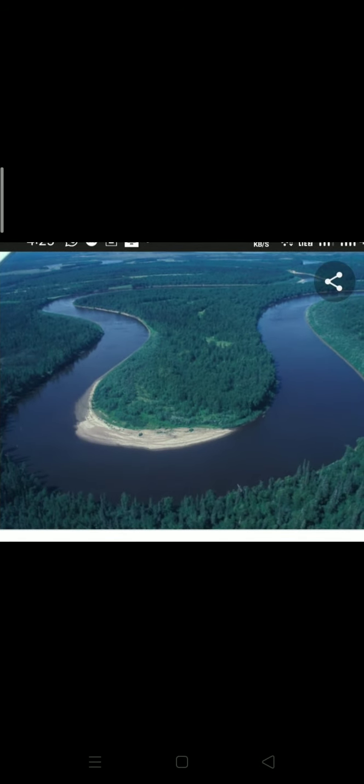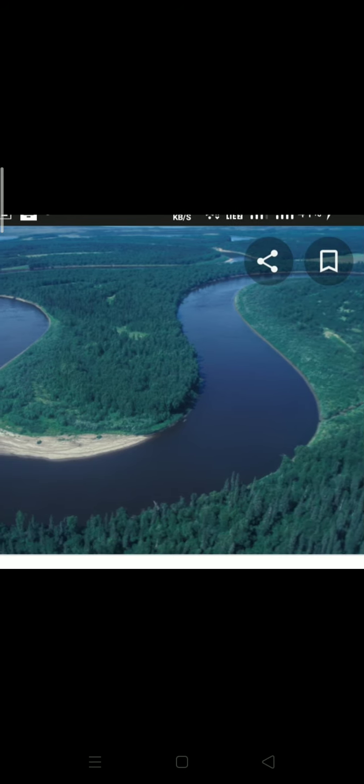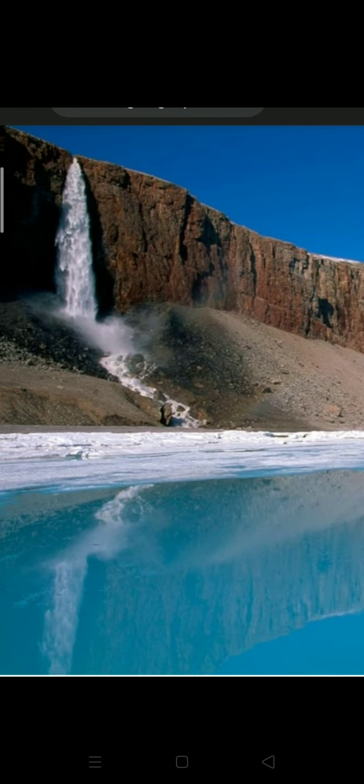See the shape how they take. So they are also known as oxbow lakes. What are they known as? Oxbow lakes. The waterfall which falls from the top of a mountain to the bottom forms small streams. Such streams are called meanders, and these take such shapes. Can you see the picture? So they are also known as oxbow lakes. Clear?